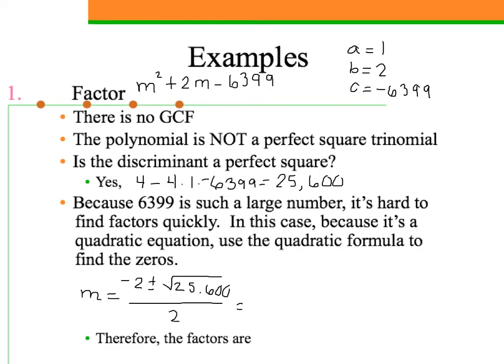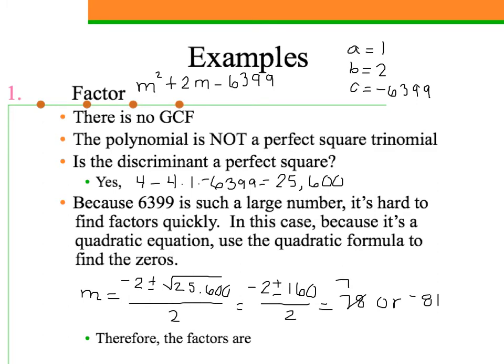If I continue to simplify that, I get negative 2 plus or minus 160, all over 2. Well, negative 2 plus 160, then divided by 2, is 79. And negative 2 minus 160, and then divided by 2, is negative 81.